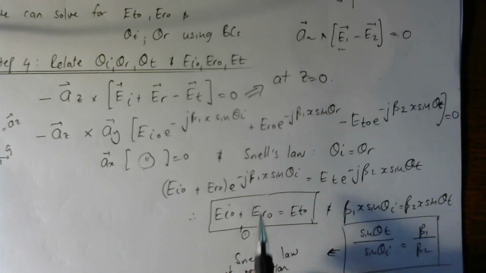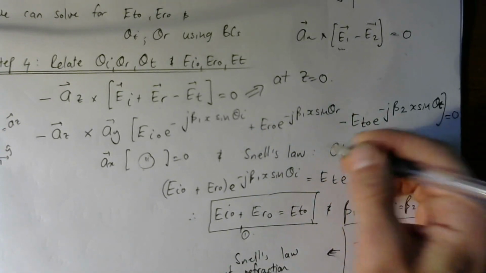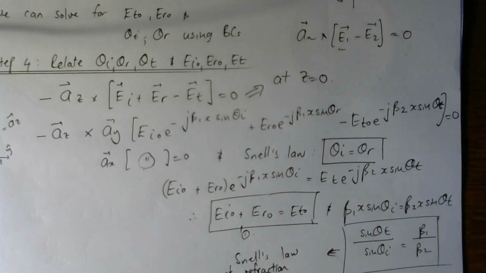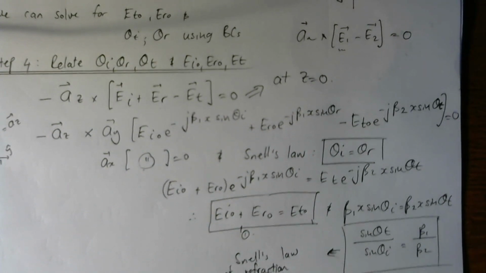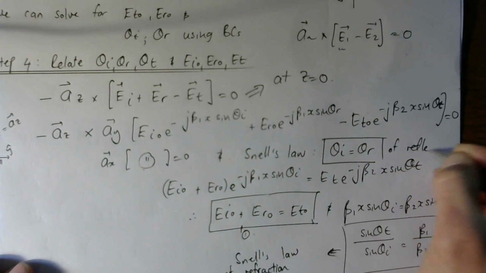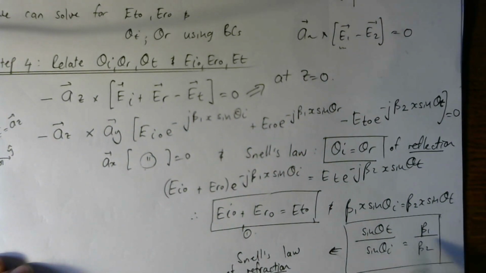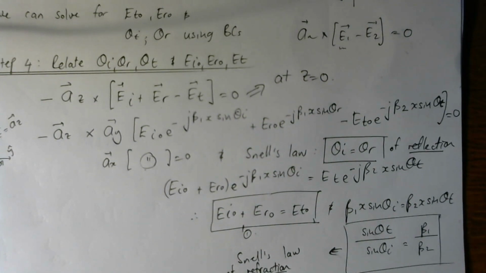Okay, so now I have essentially one equation, and obviously another one that's important is Snell's law of reflection. Snell's law of refraction gives us this, and I have one equation for my unknowns. I need another one if I want to sort that out.